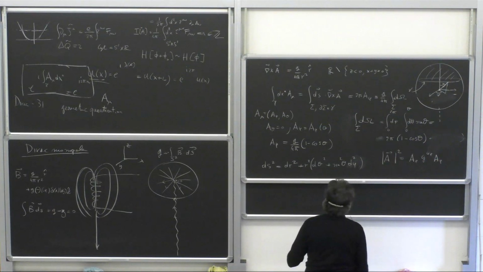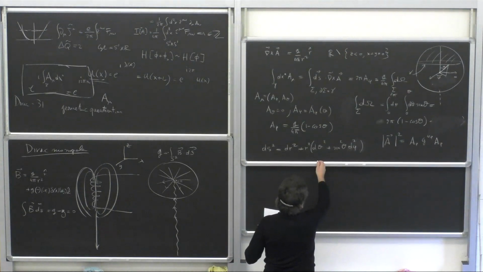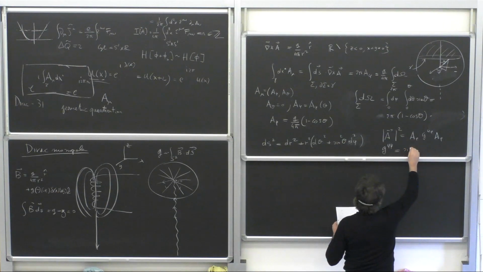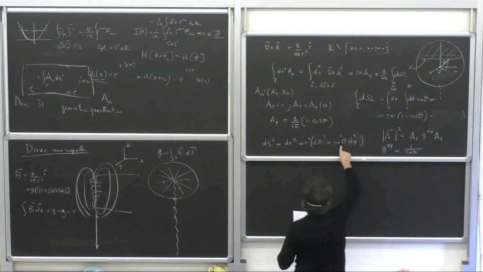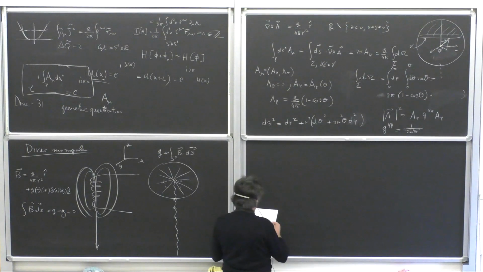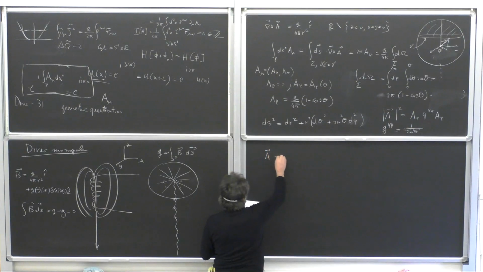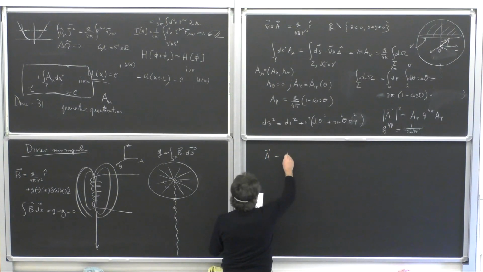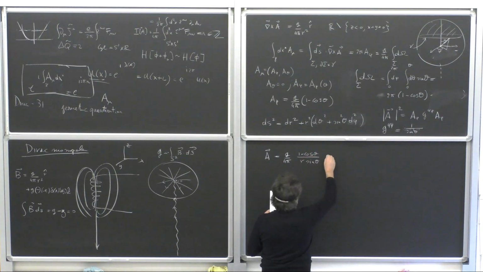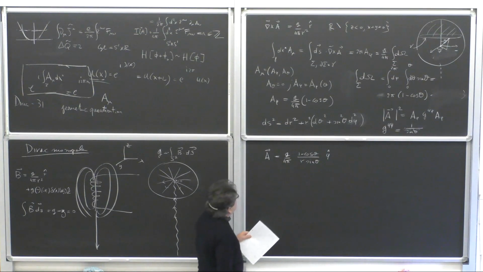So I have to divide by g phi phi, which is 1 over sin squared theta. So in the end, the gauge field of the monopole in ordinary coordinates is G over 4 pi, 1 minus cos theta divided by r sin theta, in direction phi. That's the solution.